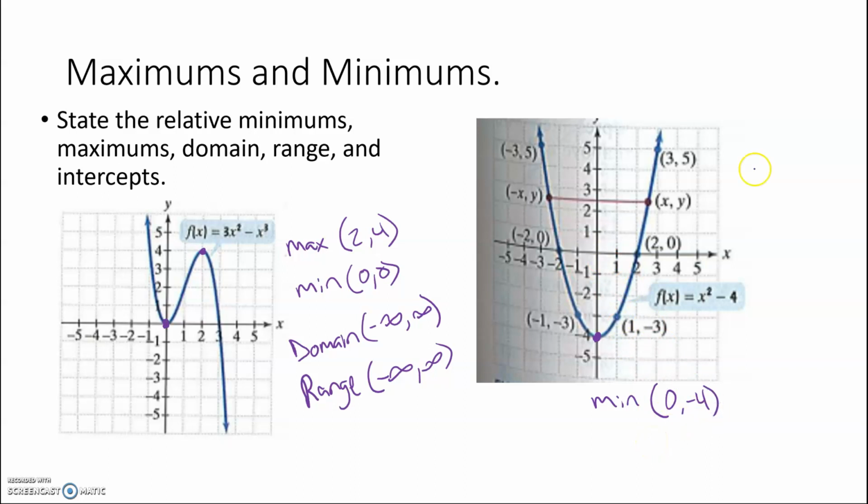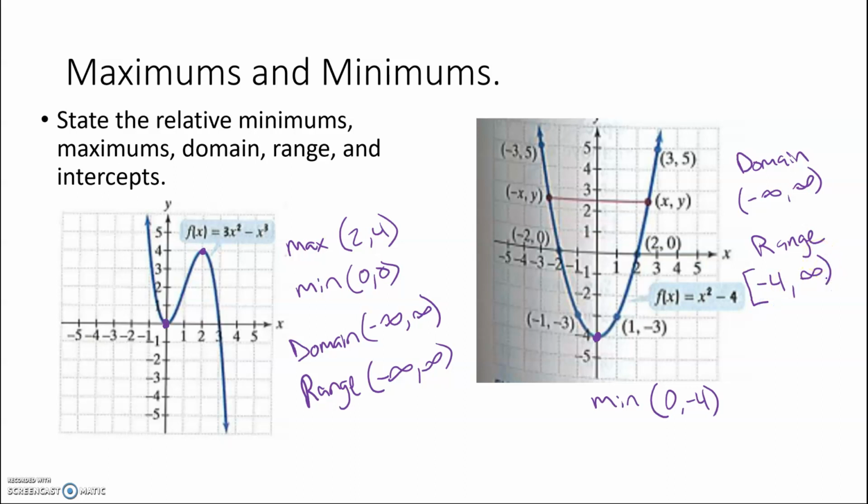Domain and range: domain is, again, negative infinity to positive infinity, and our range is negative 4 all the way to infinity. And yes, you can equal negative 4, so make sure you use that bracket.